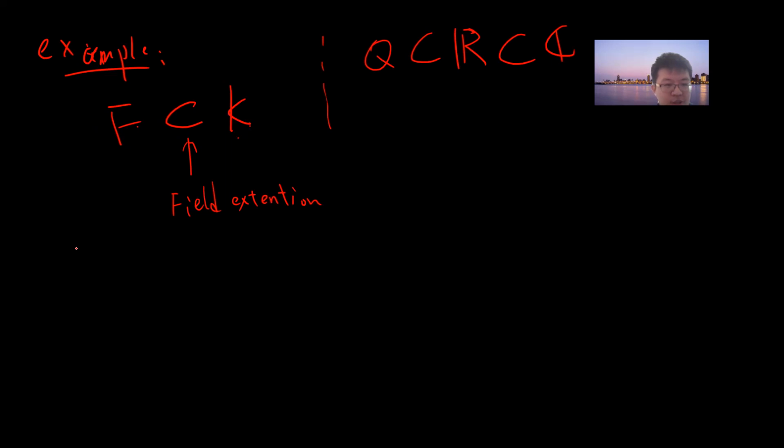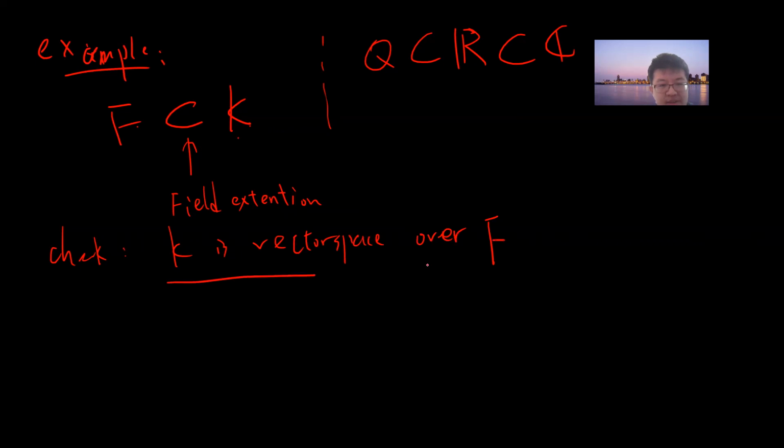This is a field extension. In this case you can check that K is a vector space over F. This is somewhat different from your linear algebra, but it is the abstract algebra example.